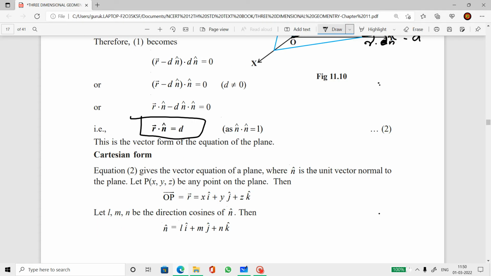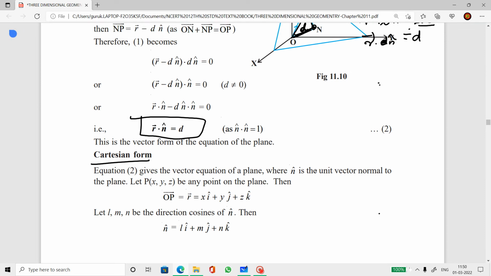Now the Cartesian form. So R dot n cap equal to D. D is a scalar value. Let us assume n cap is this. And R vector is usually the arbitrary point's position vector. Arbitrary point is x comma y comma z. The position vector of that is xi, yj, zk.